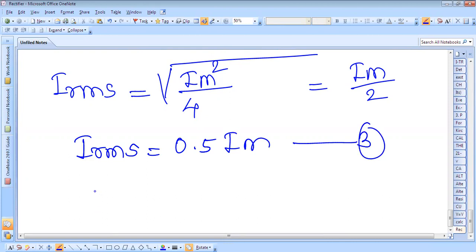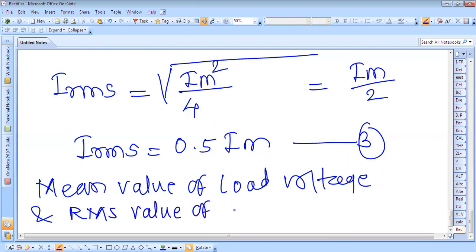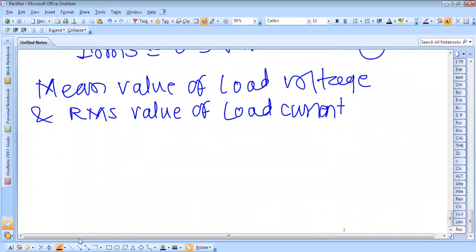Similarly, we can obtain the mean value and RMS value of the load voltage, just like what we derived for the current.